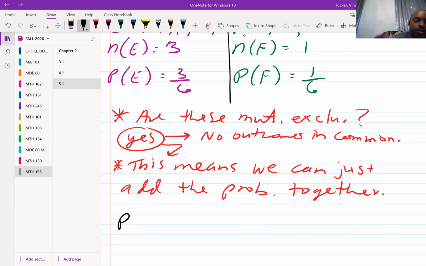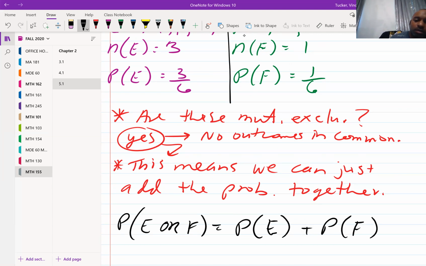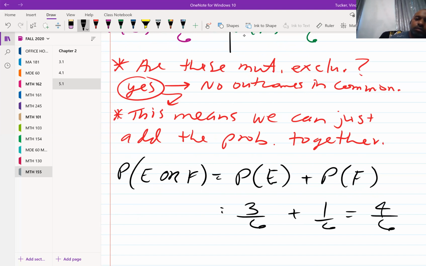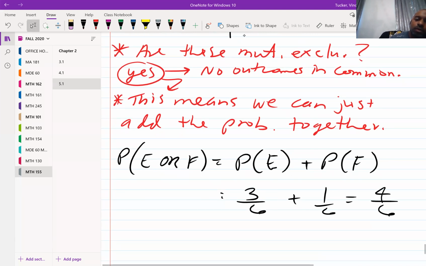Remember that other piece, the subtraction part, was because there was something in common. So 3/6 plus 1/6 would be 4/6, which will reduce down to 2/3.